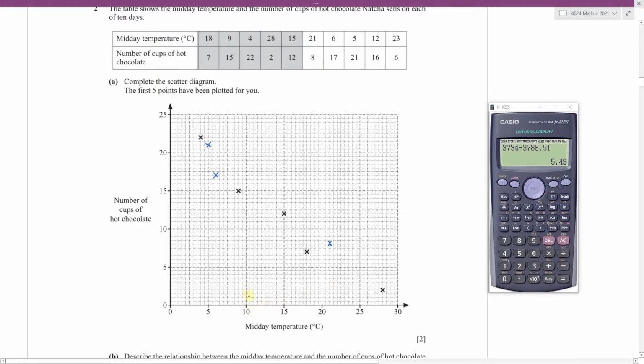So 10, 11, 12, and this will be 16 here. 23 and 6. So this is 20, 21, 22, 23, and 6 will be here.